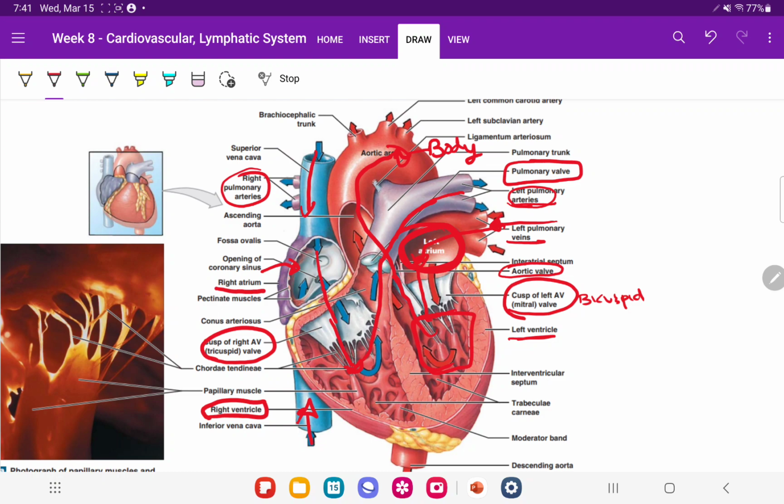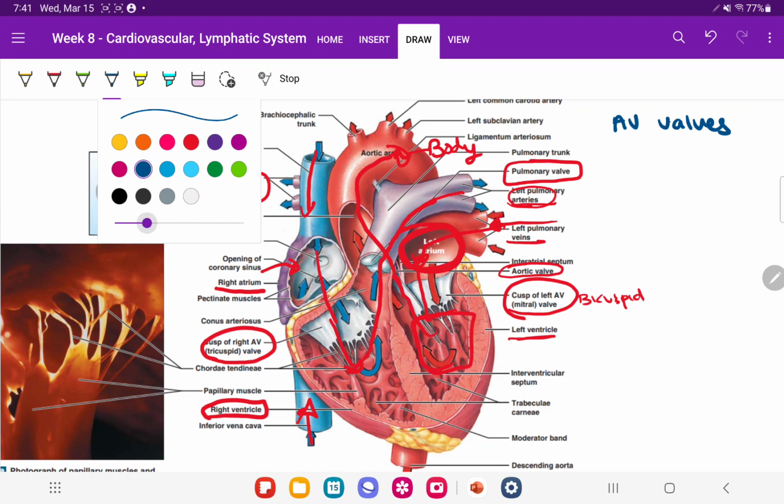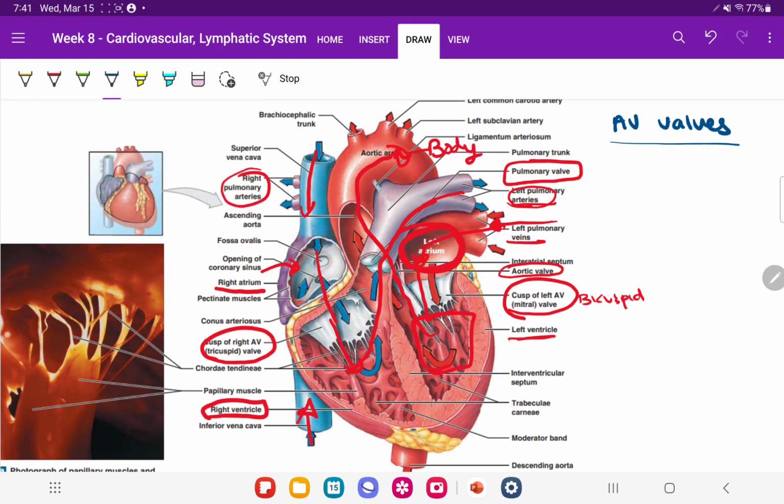So there are 4 valves in the heart. You have the AV valves. Let's write over here, the AV valves. Those AV valves are these right here, the right and the left AV valves.